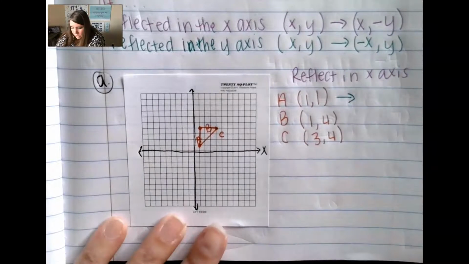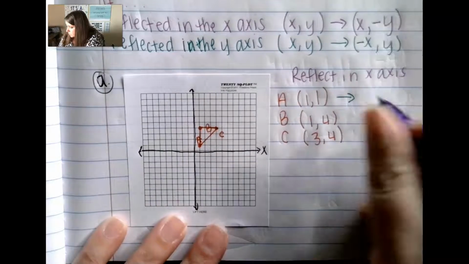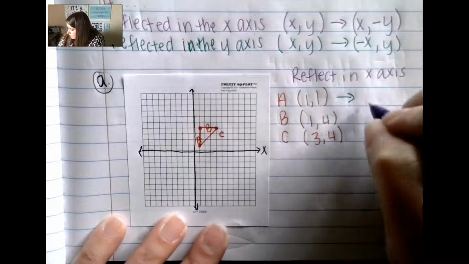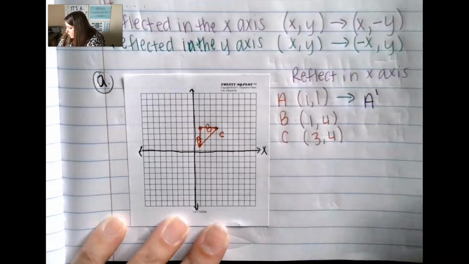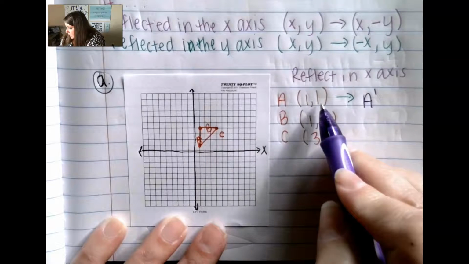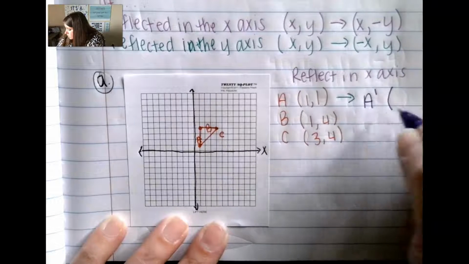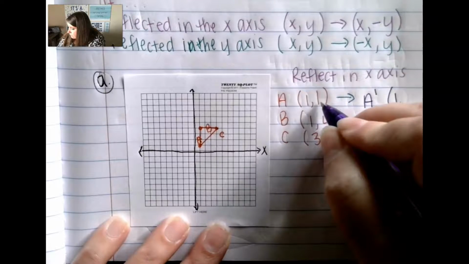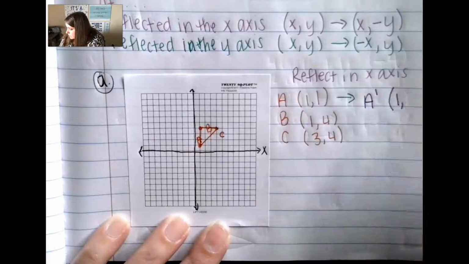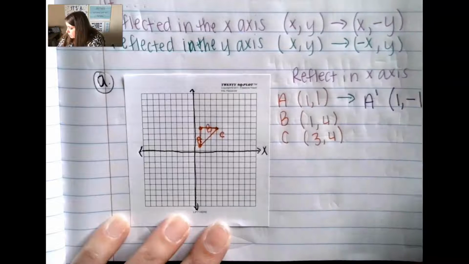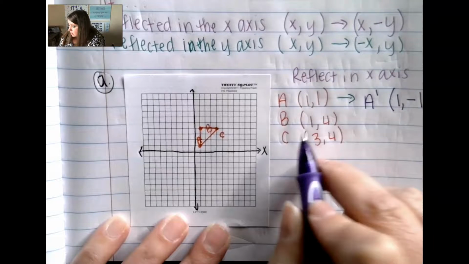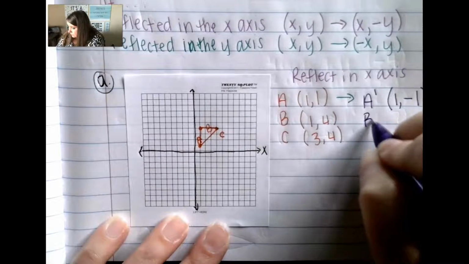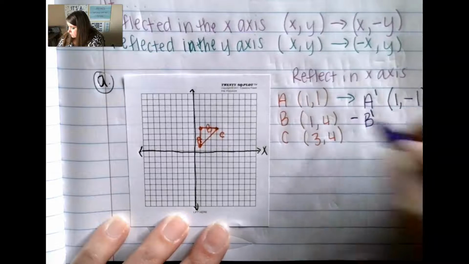and my new triangle, let's flip it in purple since it's the x-axis. My new point A1, x stays the same, y is going to change. So x is 1, and the opposite of 1 is -1. B1 is going to reflect.